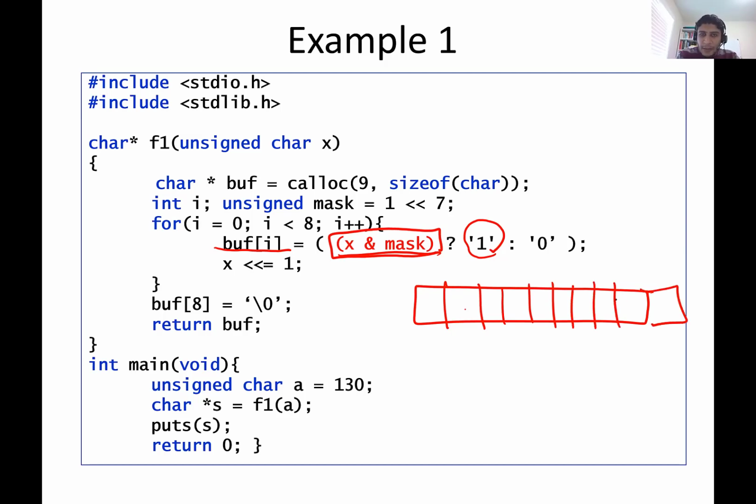Here I'm starting from 0, but I'm ending, because I'm looking at it from the most significant bit. So in the first one, I'm ANDing X with mask, which gives me 1 at the 8th position. So this is true. Then I'm placing 1 here, right?